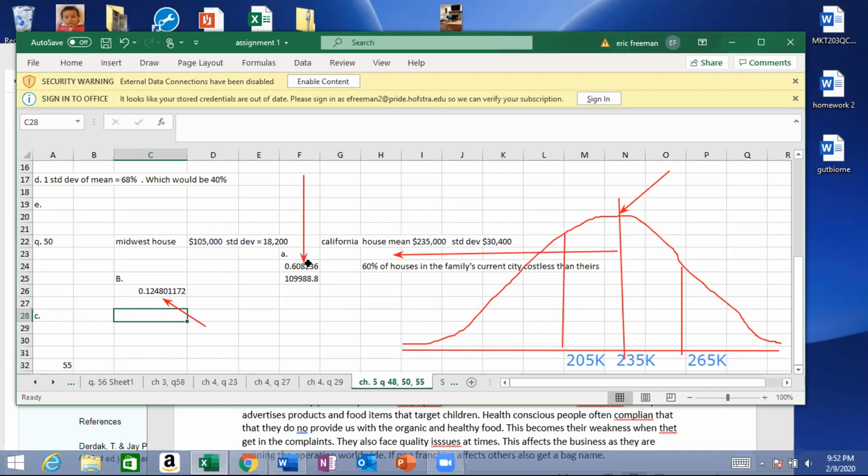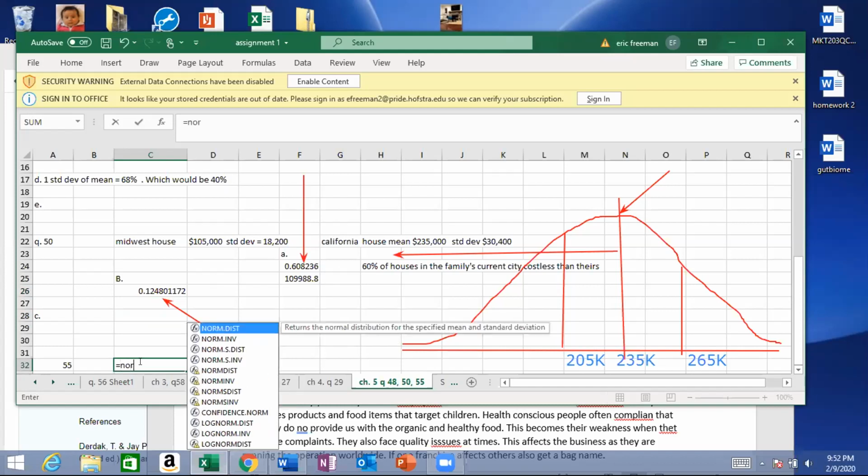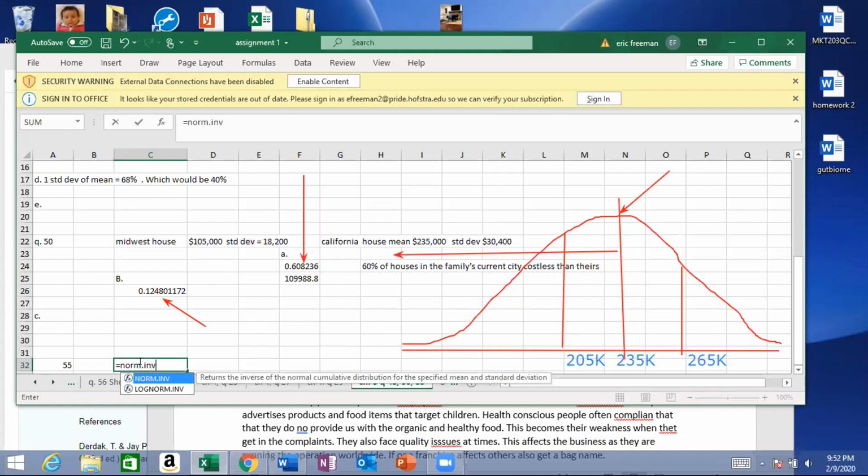So now you'll do your norm inverse using the other information at 61%. Probability would be 0.608.